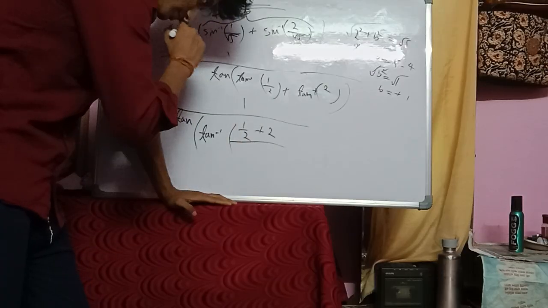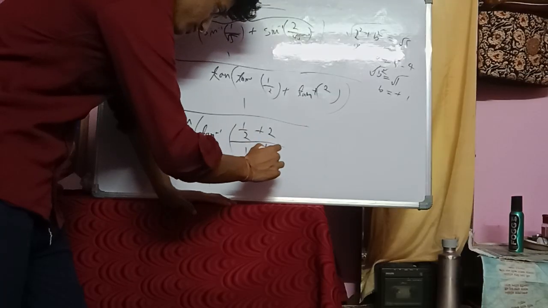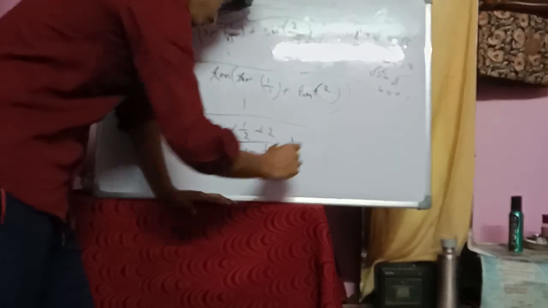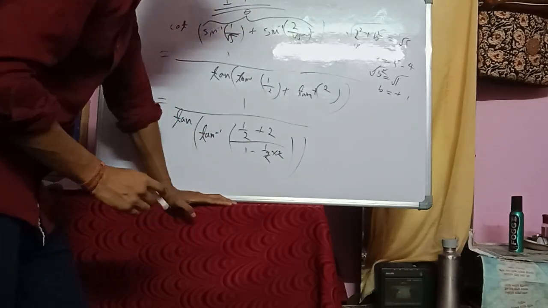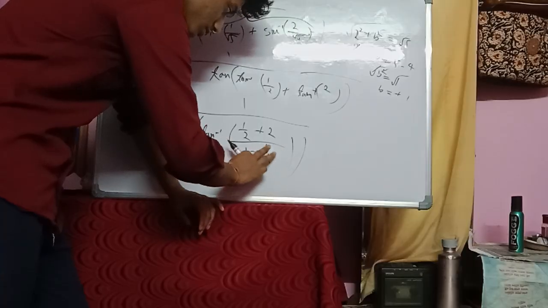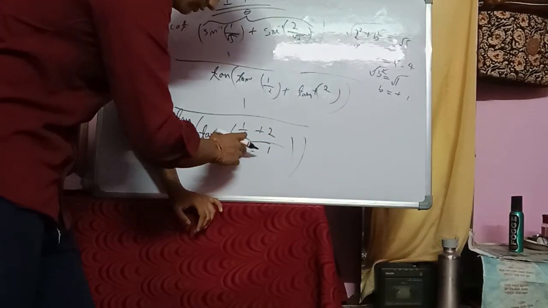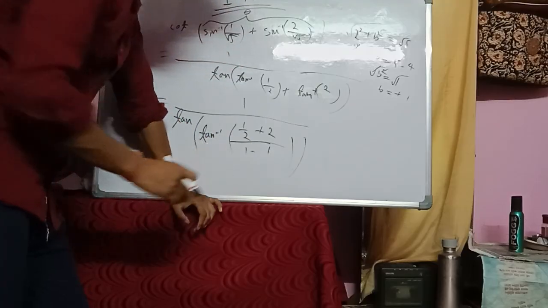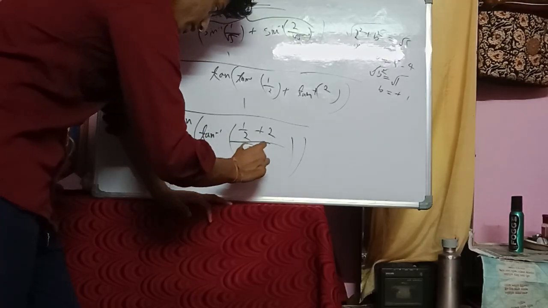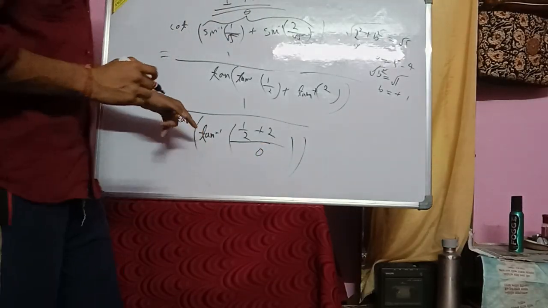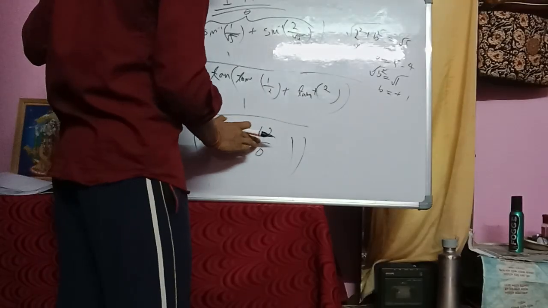On the denominator, we would have 1 minus half times 2. Now this 2 and this 2 will cancel each other out, and we'll be left with just 1. Now we have positive 1 and negative 1, so these would add up to become 0. So inside of this, what we have is 0, and anything over 0 is undefined or infinity.